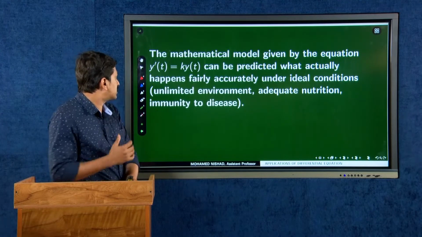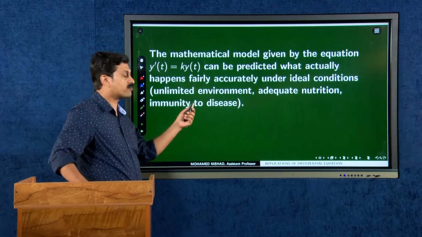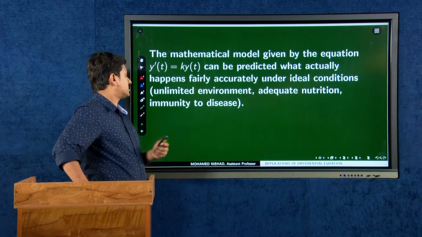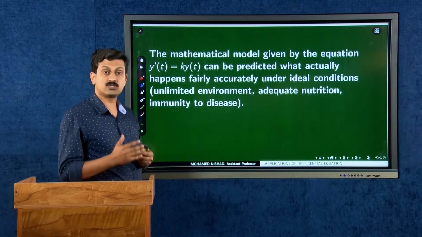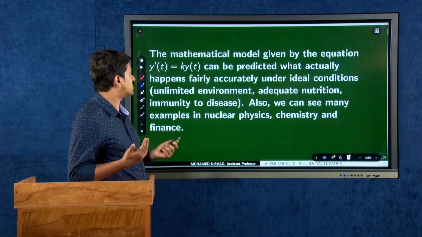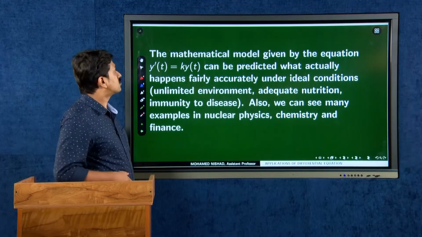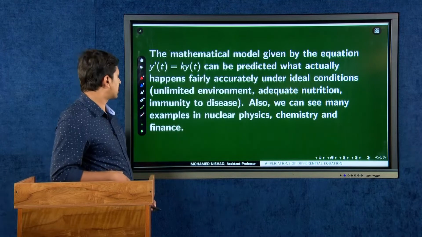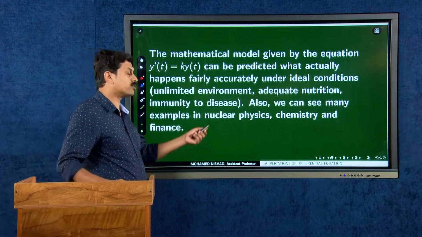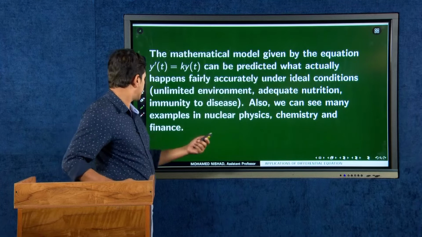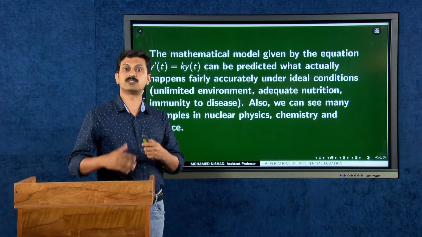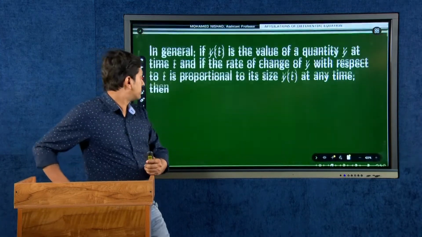That is, an unlimited environment, adequate nutrition, and immunity to disease are the considerations in that case. We can also see many examples in nuclear physics, chemistry, and finance, where we will discuss the concept of growth and decay.